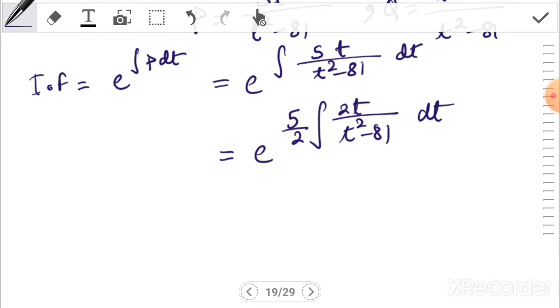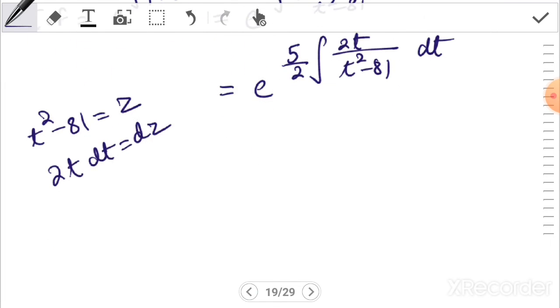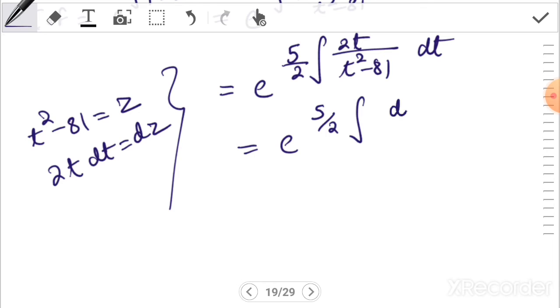Now let us take t² - 81 as say z, then 2t dt will be equal to dz, and then this can be replaced by e^(5/2 ∫dz/z).